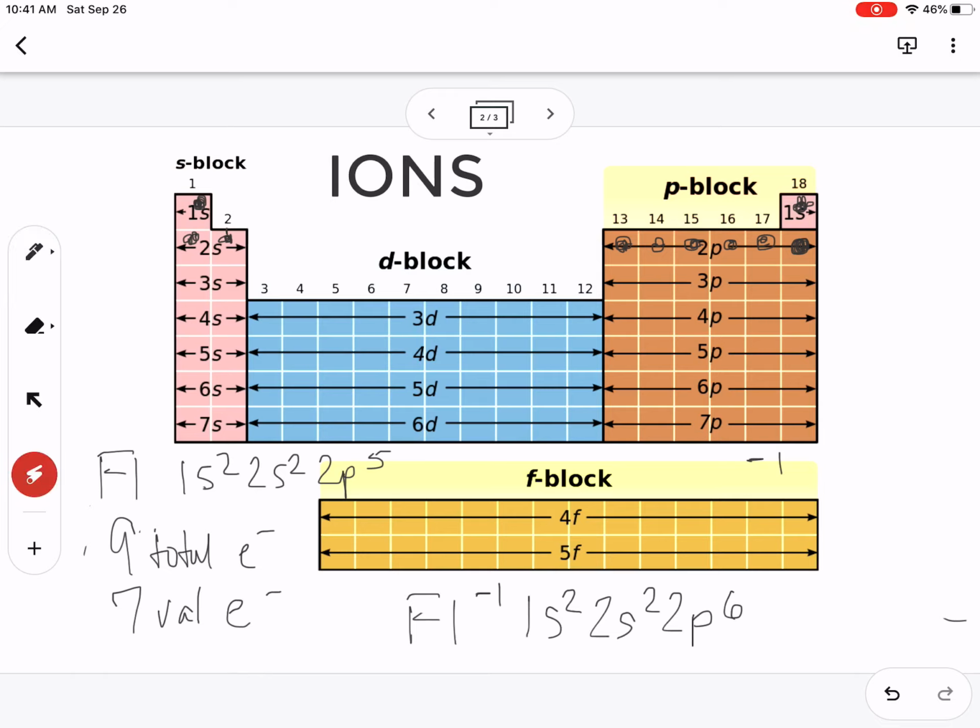Notice I was at 2p5, but I added an electron, so I'm now at 2p6, which does meet that noble gas's electronic configuration. Because when I look at neon, he has 1s2, 2s2, 2p6. They both have 10 electrons now. So they are isoelectronic to each other.